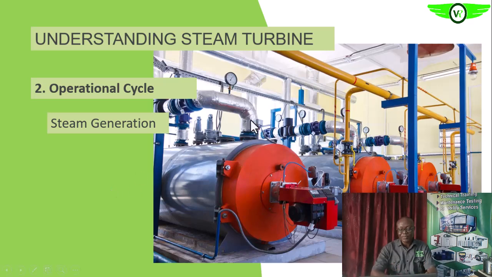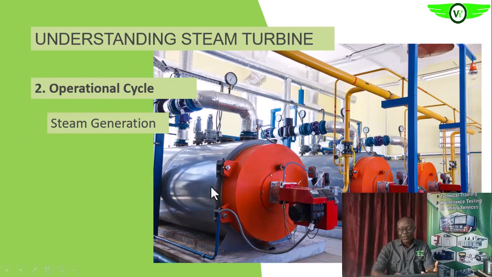So that steam is what will now be sent through this HP steam line to your steam turbine. Okay, so that is the first part of the operational cycle of your steam turbine. That is the steam generation. So in the steam generation section, the chemical energy that is contained in the fuel is burnt and converted to heat energy.